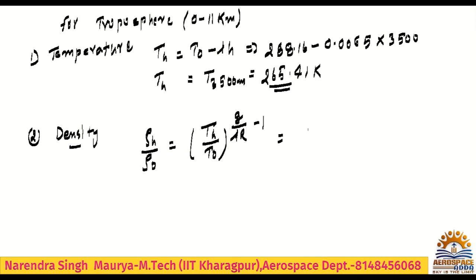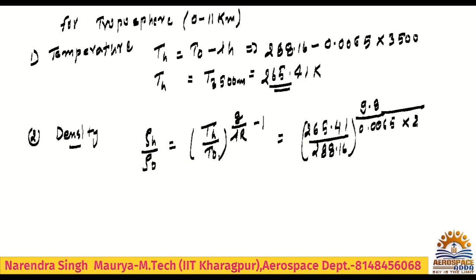So you can write TH, what value you got here? 265.41 divided by what is the sea level temperature? It is 288.16, to the whole power g, 9.8 it is given, divided by lambda 0.0065 into 287 minus 1.